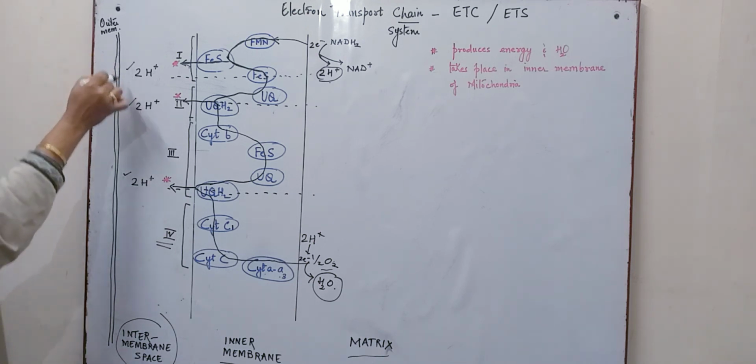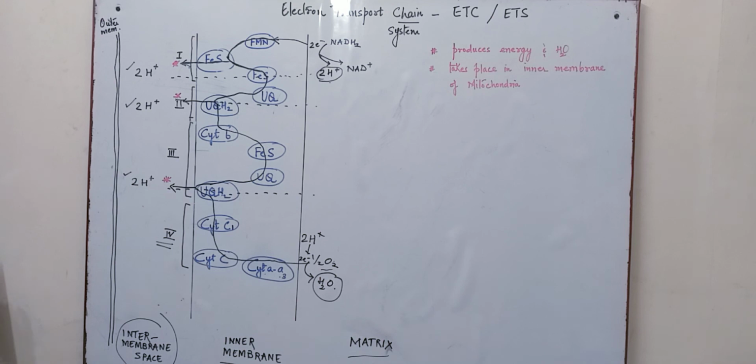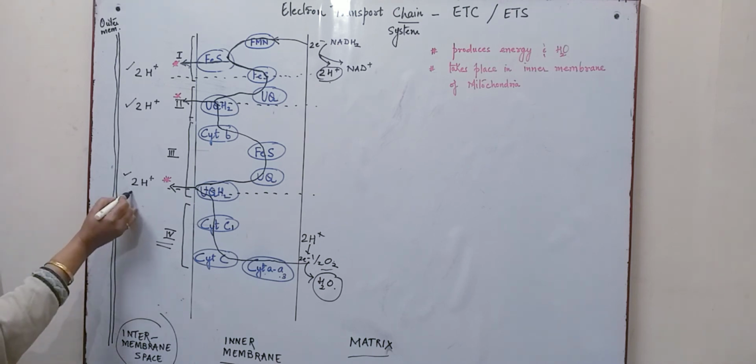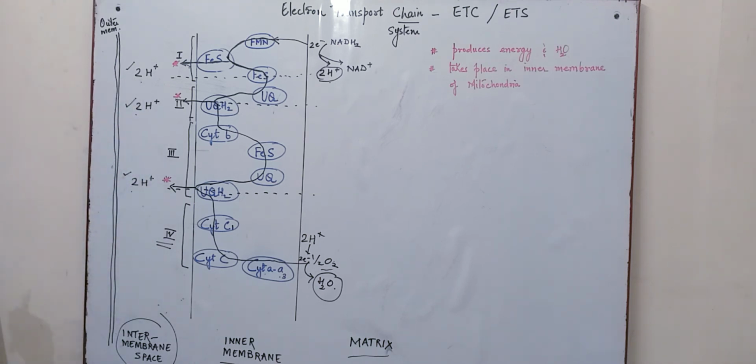Now over here we find, since the protons are transferred every time, the outer compartment will have a high concentration of protons. And we know that ions or particles move from high concentration to low concentration by a process called diffusion.